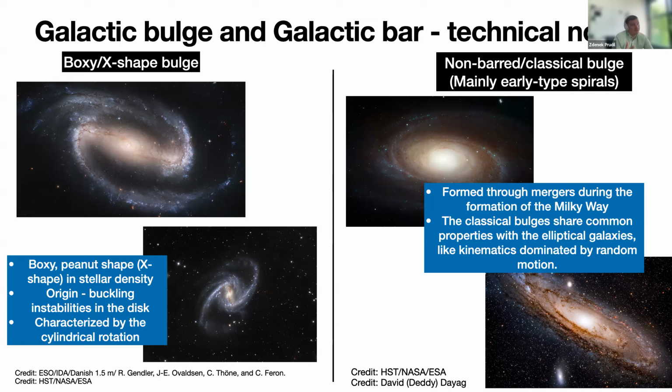While the other bulges, the classical bulges, have a formation mechanism that comes from mergers, where a dwarf galaxy or some other object merges with the galaxy and forms this elliptical or spherical structure in the center of the galaxy. These classical bulges share similar properties to elliptical galaxies, particularly the random motion of the objects inside these bulges.